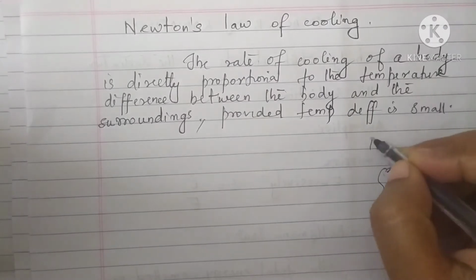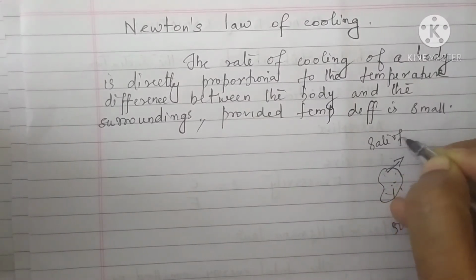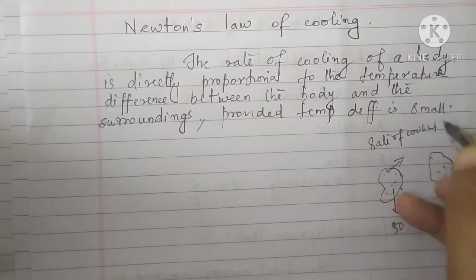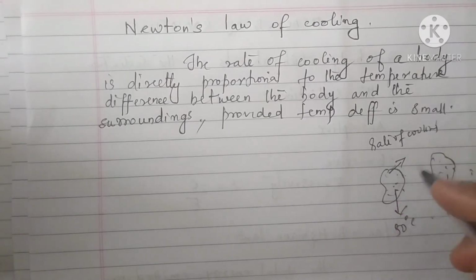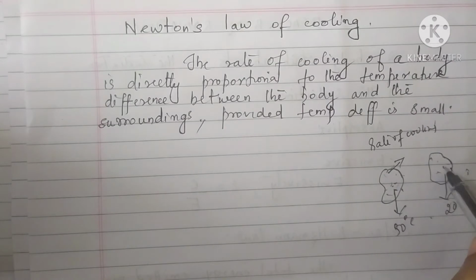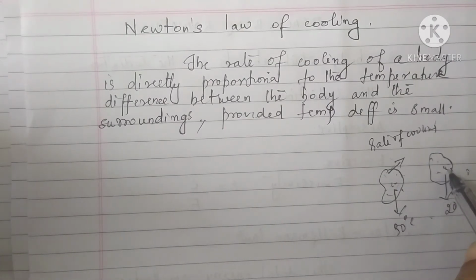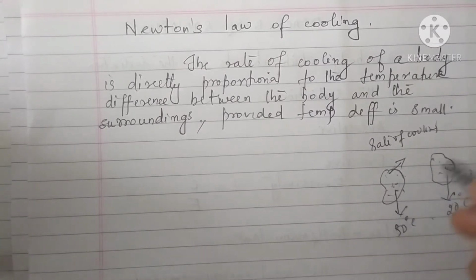So the rate of cooling of this body is directly proportional to the temperature difference between the body and the surroundings. Okay, this is the case where we are taking two bodies.